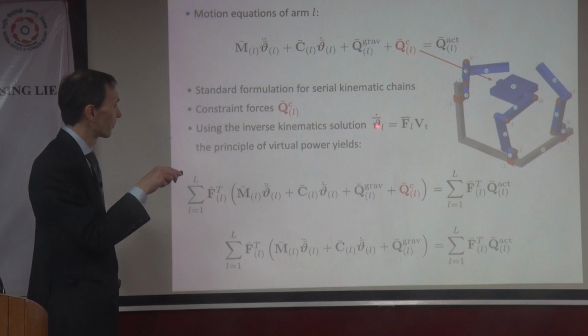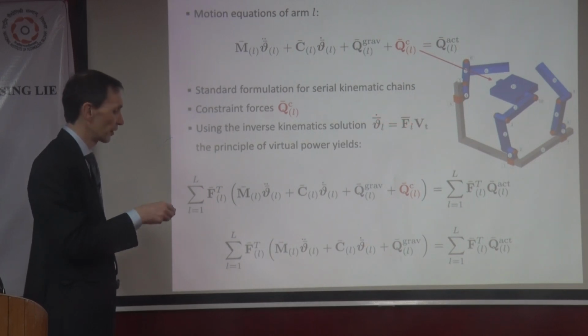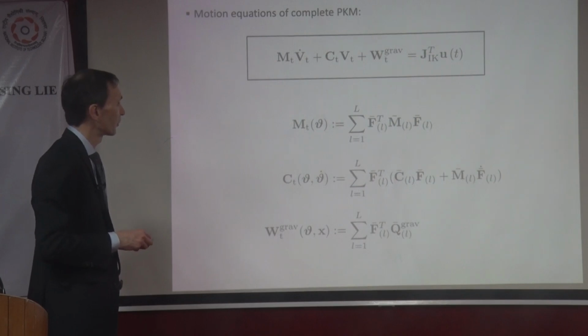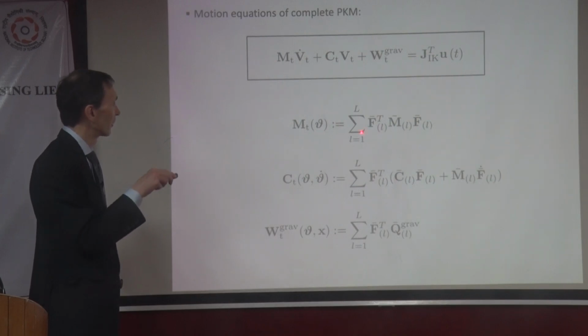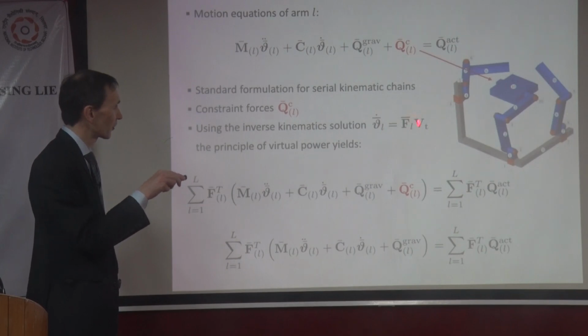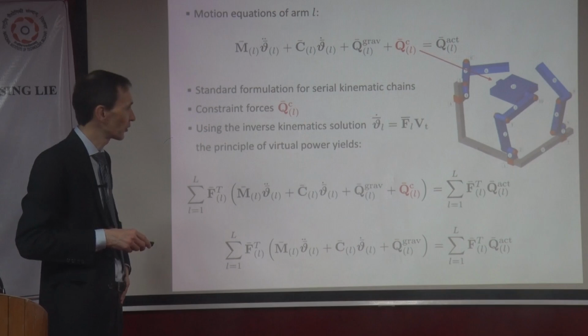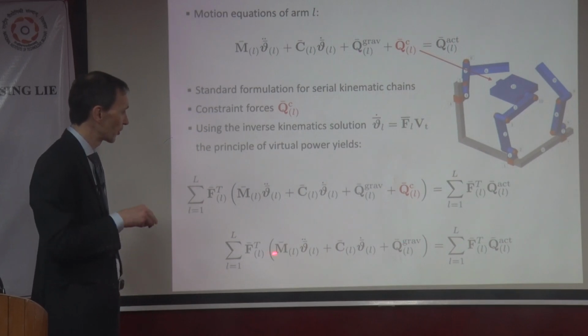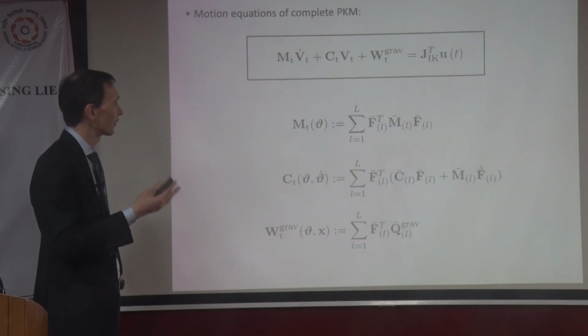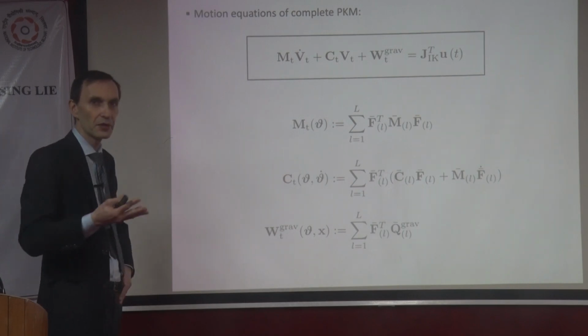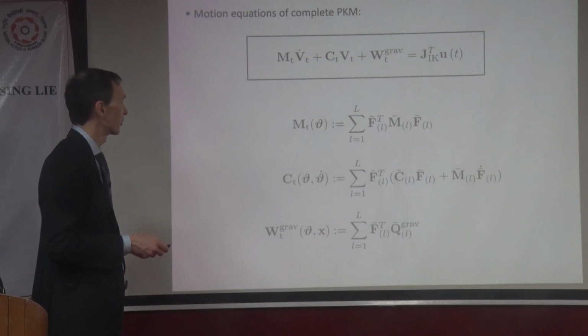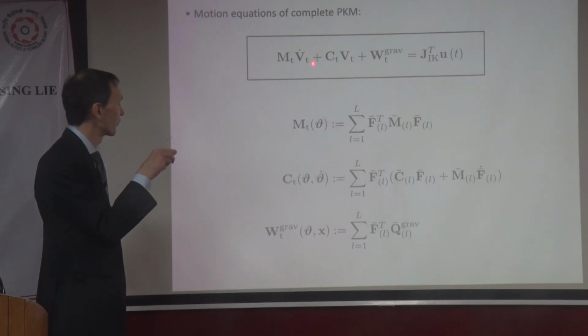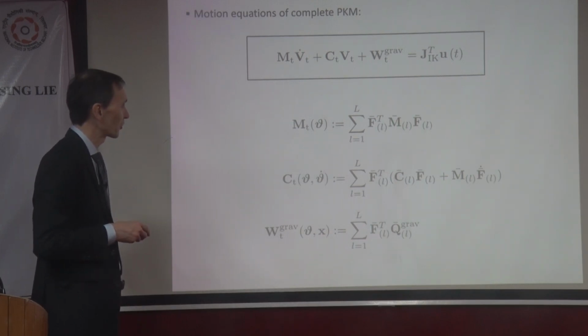You replace them using this equation, so you plug in, for example, this term here, and the time derivative of this in here, and if you do the math, then what you see is that again we get, because then of course the only thing that remains is V, the task space velocity of the platform, that goes then into this equation, and the dynamic motion equations are given in terms of the platform twist, this V_t of the assembled system.